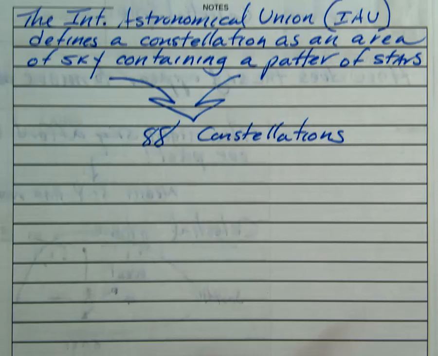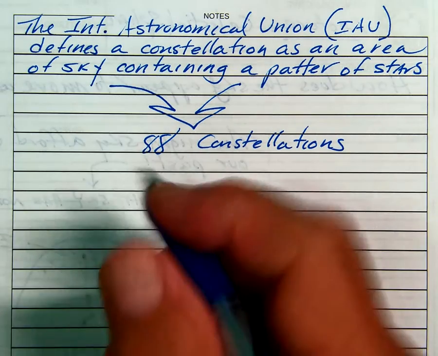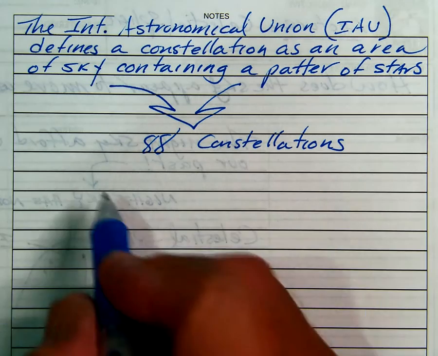Now, something you should have read in your book, it says some common patterns within a constellation have common names, such as the Big Dipper and stuff. They're called asterisms. So make sure that we get that in our notes.